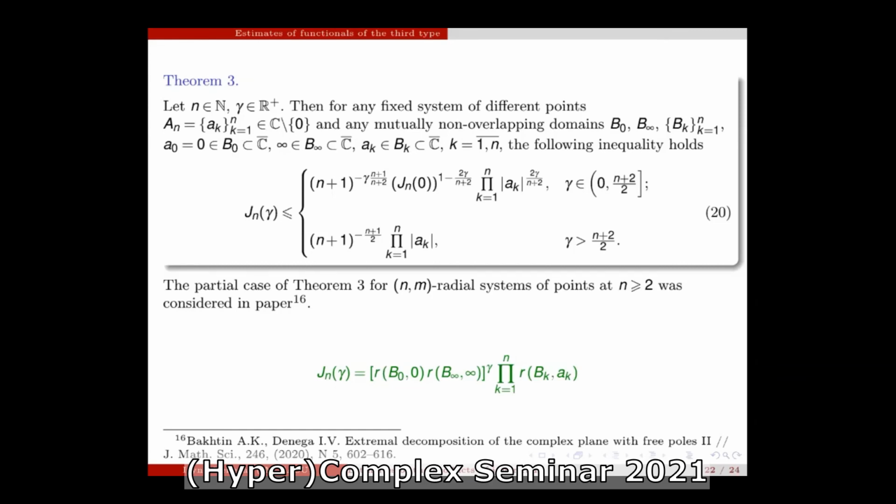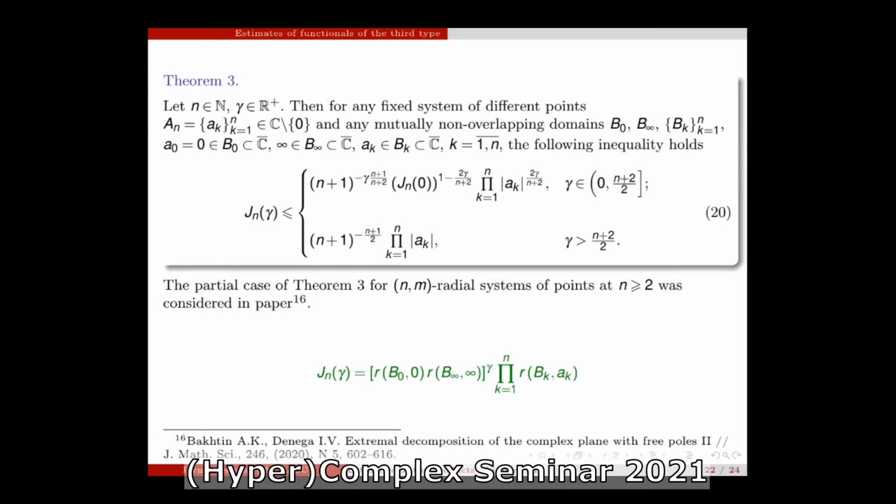Theorem 3. Let n be a natural number, gamma from R plus, equal to the interval from 0 to infinity. Then for any fixed system of different points and any mutually non-overlapping domains B_0, B_infinity, B_k, k from 1 to n, the following inequality holds.